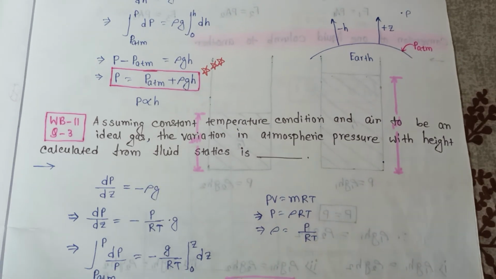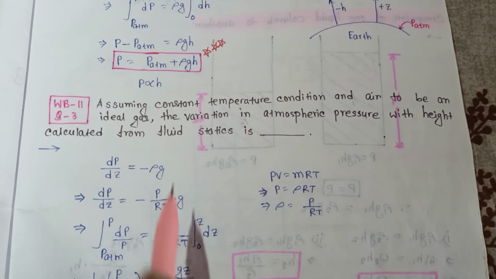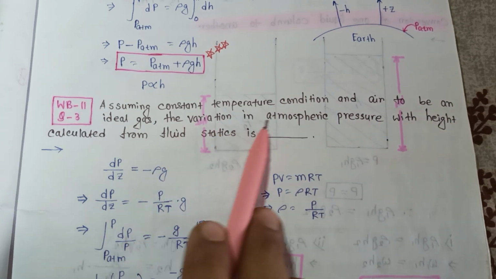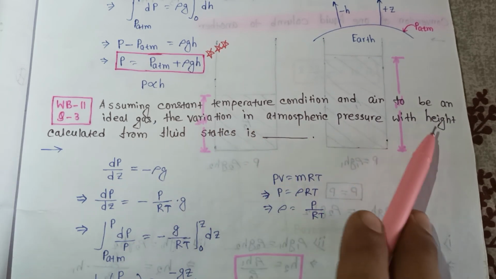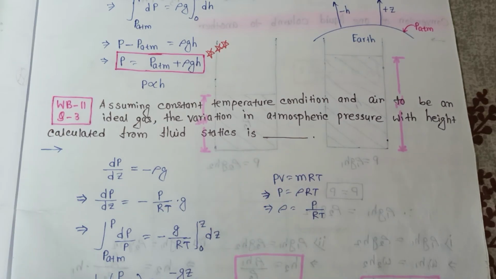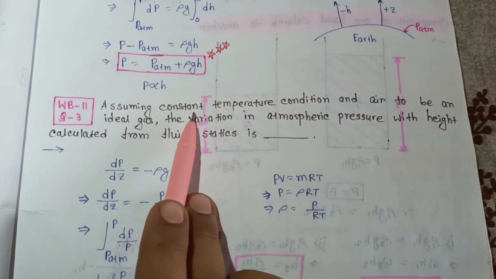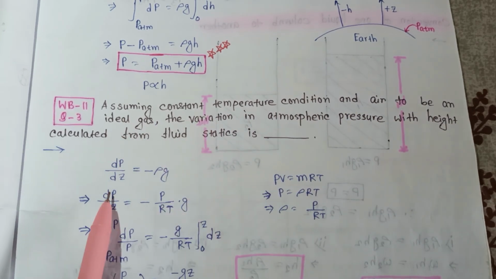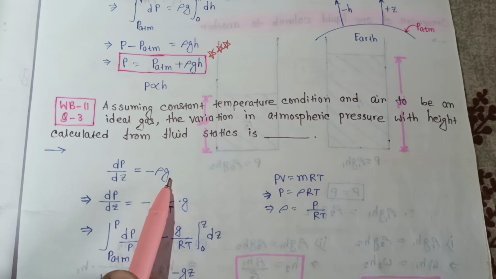Now let's try to understand one question. Assuming constant temperature condition and air to be an ideal gas, the variation in atmospheric pressure with height calculated from fluid statics is what? We know that dp by dz is equal to minus rho g.